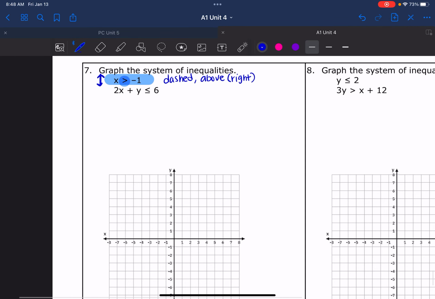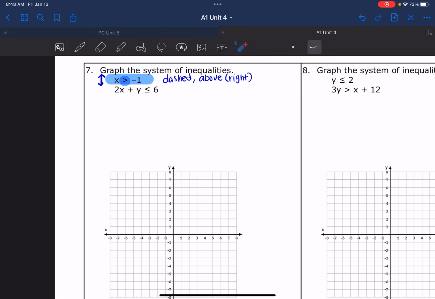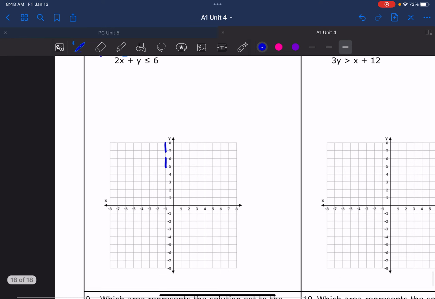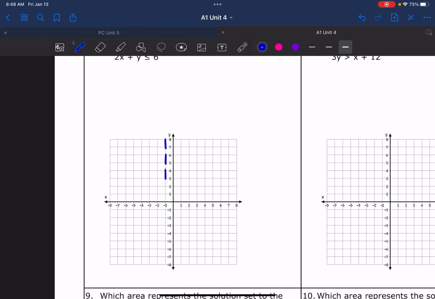Okay, so let's put this on our paper. It should be at -1. So find -1 on your x-axis, and then we're going to do a dashed line there, just like that.